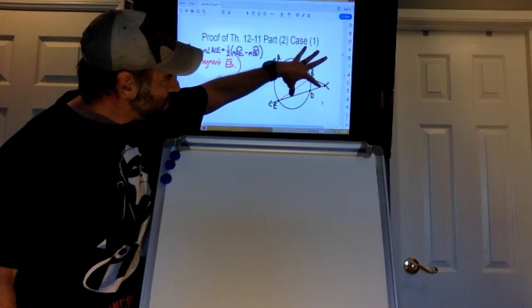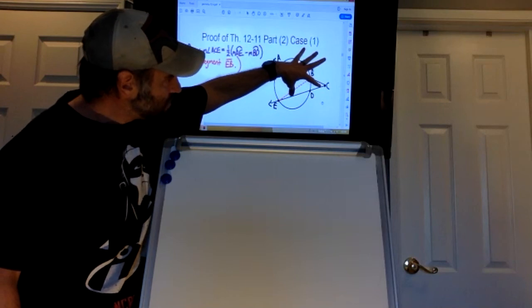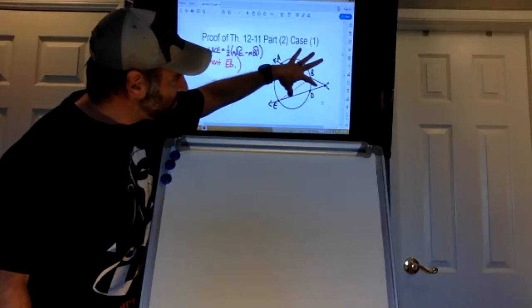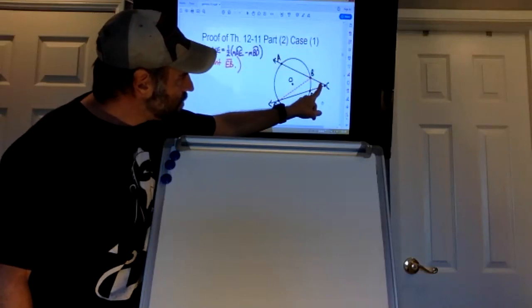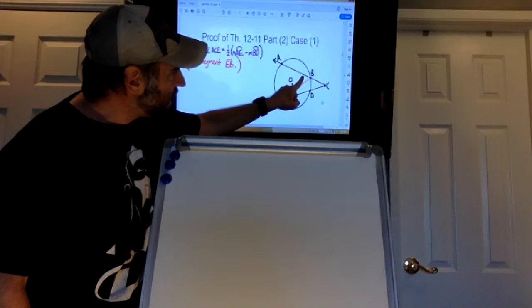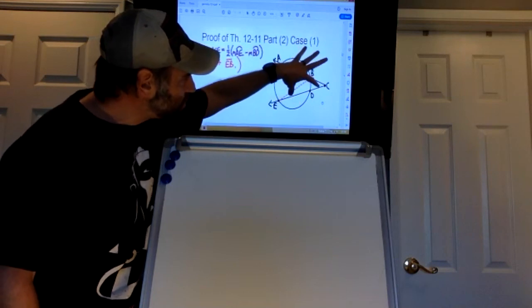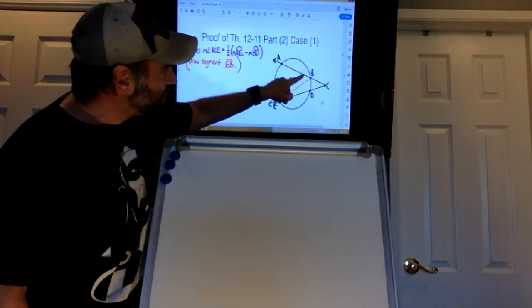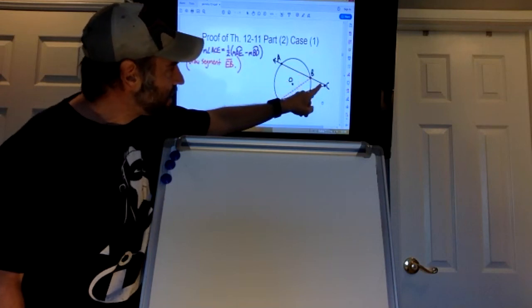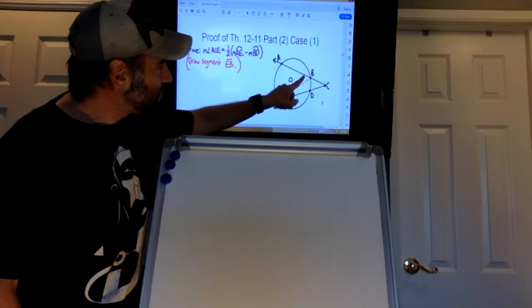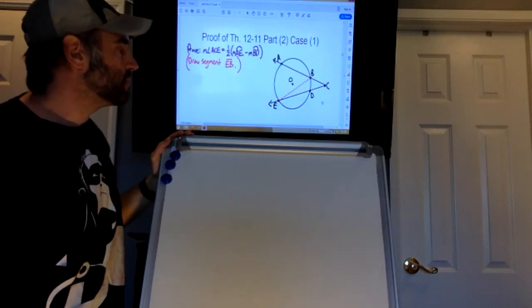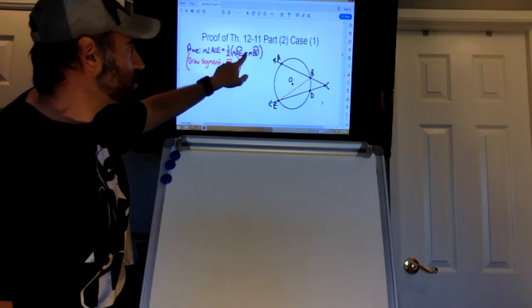Now, this exterior angle is equal to the sum of these, right? So you can take the biggest angle, because it's equal to the sum of these two smaller angles. I could subtract this angle from the bigger angle. I can get this angle by just subtracting this one from that one because of that same exterior angle theorem. That's what's going to give me the subtraction.